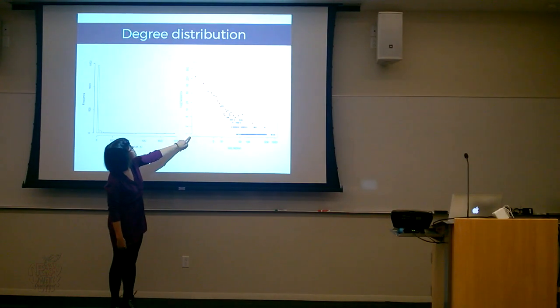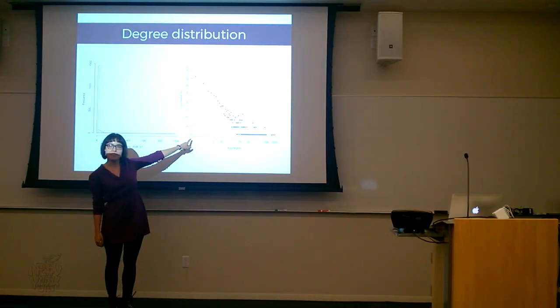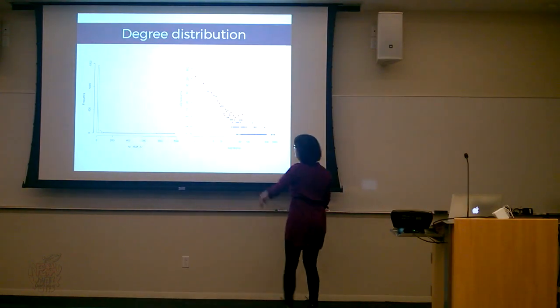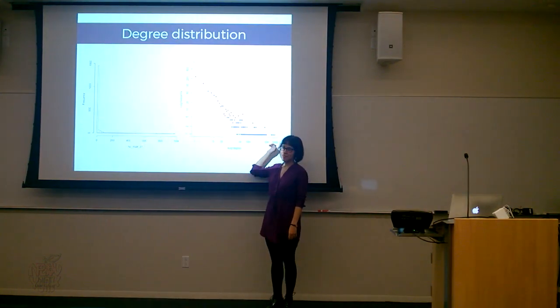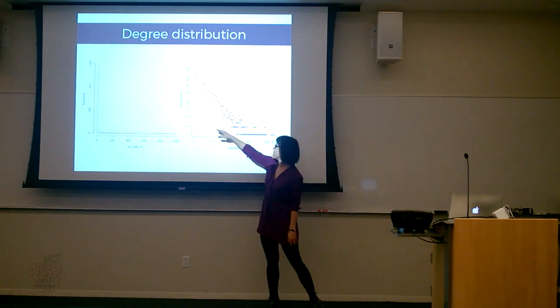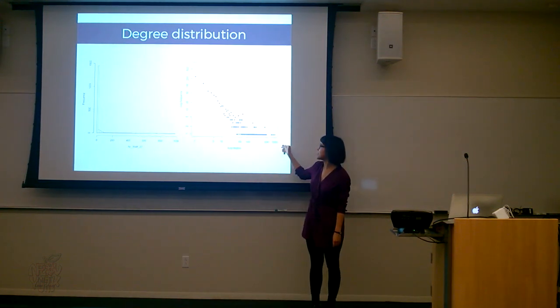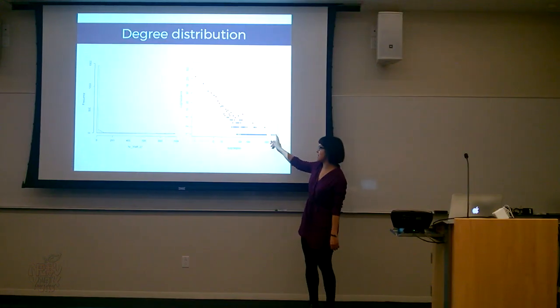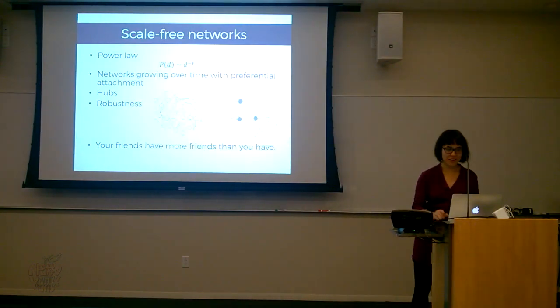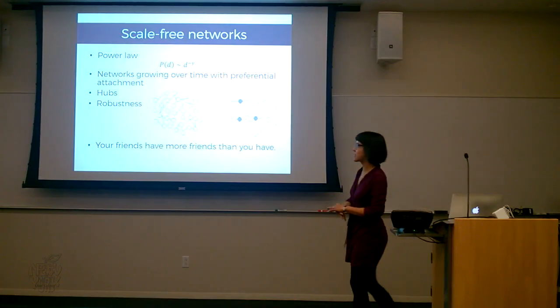There are about 200 nodes with degree 1 in the network. But then there is quite a lot of nodes that have very large degree. And this is a very heavy tail that we have here. But this kind of shape that we get on the logarithmic scale is very characteristic for so-called scale-free networks.